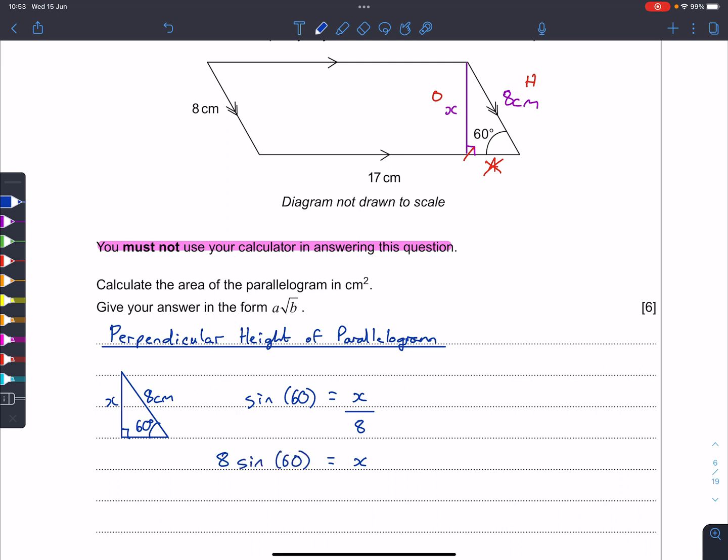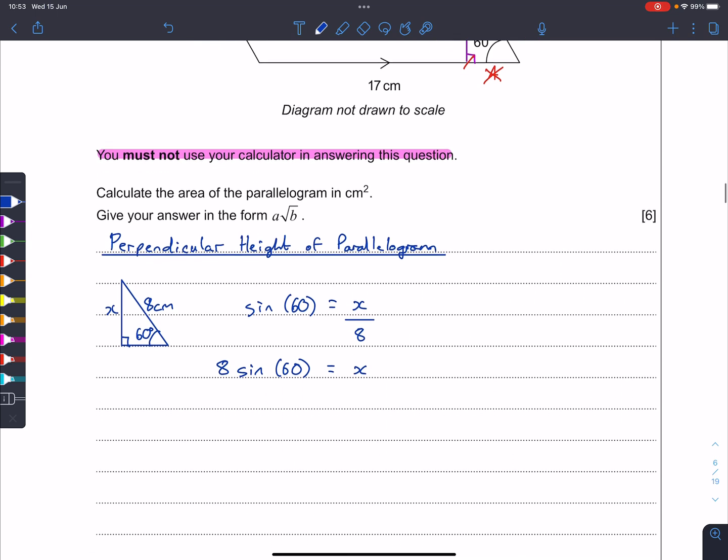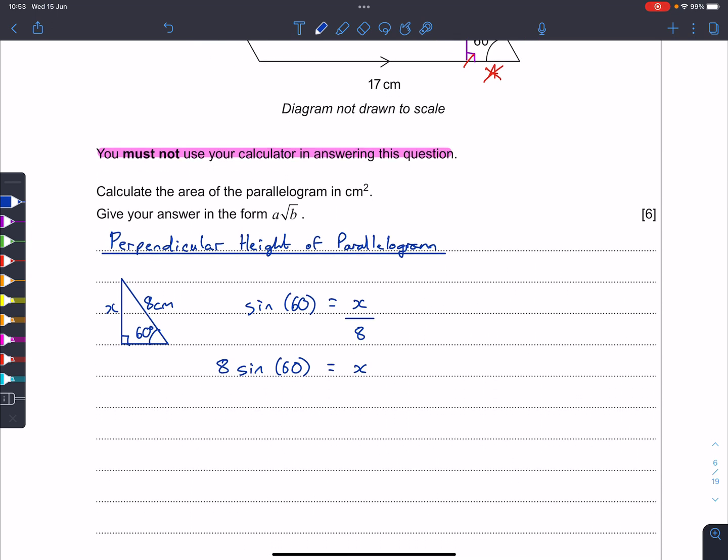Now, it's all well and good, but I need to do this without a calculator. Now, this sine 60 is one of the values that WJC expects you to know without using a calculator. In reality, they have no idea whether you use a calculator to work this out or not. So if I went to my calculator here and typed in sine 60, I get root 3 over 2. Now, there's no way of telling whether I used my calculator for that or if I actually knew the value.